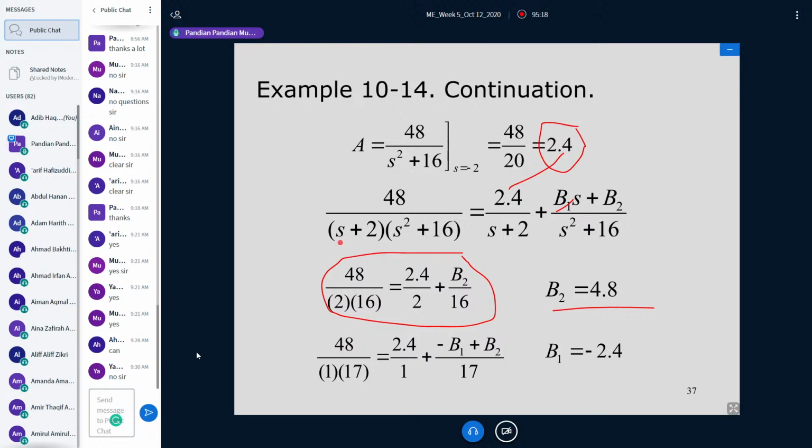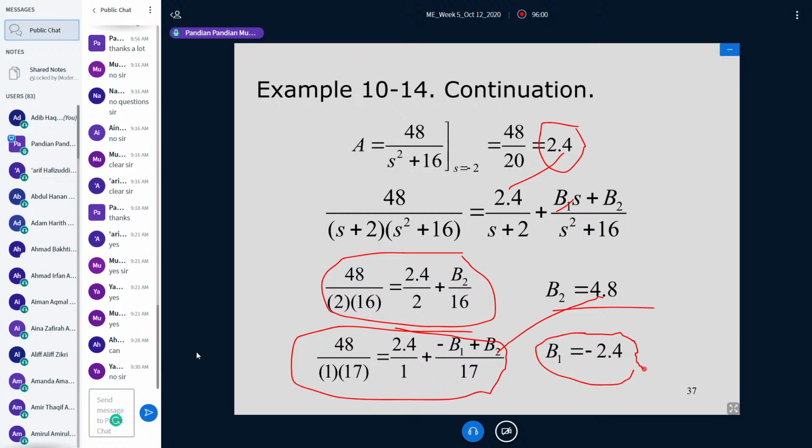So 48 divided by (minus 1 plus 2, which is 1)(minus 1 squared plus 16, which is 17) equals 2.4 divided by minus 1 plus 2, which is 1, plus (minus B1 plus B2) divided by minus 1 squared plus 16, 17. B2 is 4.8. Therefore, you solve this, your B1 will be minus 2.4.